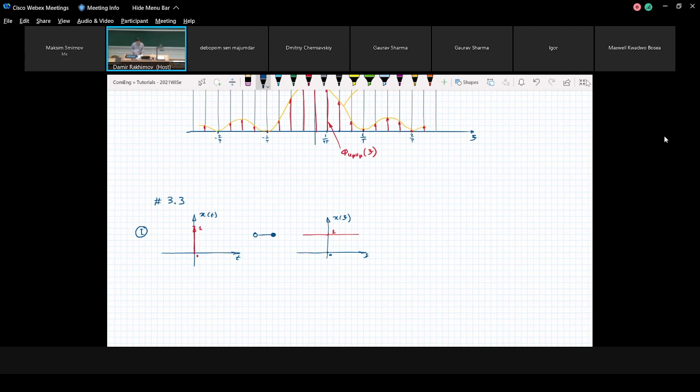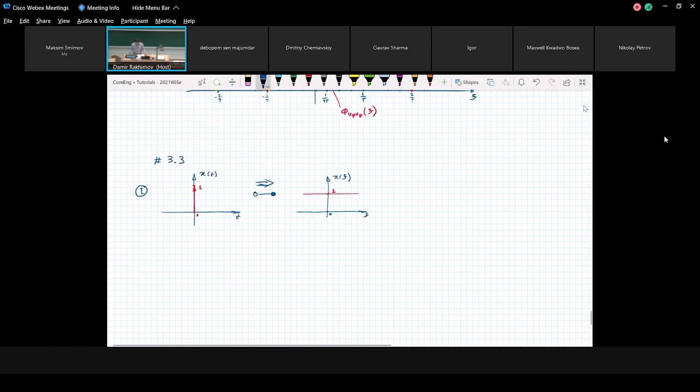Next, we can find the energy spectral density, because if you know the spectrum of your signal, by calculating the absolute value squared of your spectrum, you can find the energy spectral density. For this example it's very simple, because we have a line that goes through the point 1.